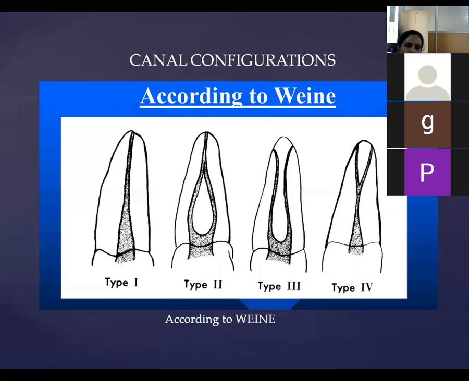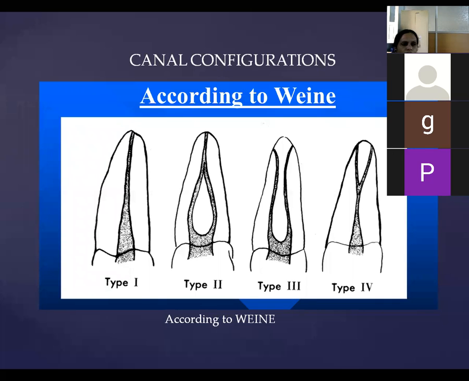But if I say I got two canals in the lower central incisor, it doesn't mean that I am wrong, but there is an 80% chance that you are also not wrong. So 80% is the percentage in which there is a single root and single canal. But in 20% of mandibular central incisors there may be a single root and two root canals.